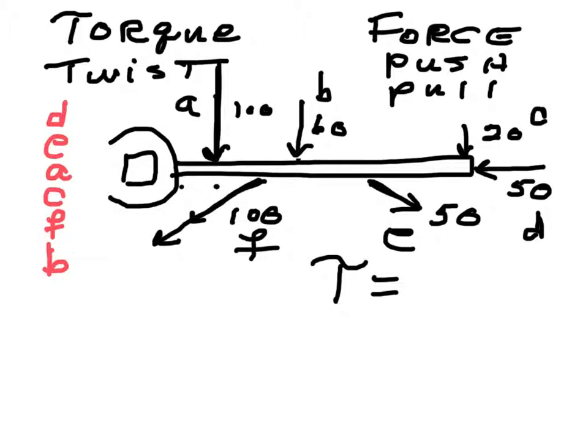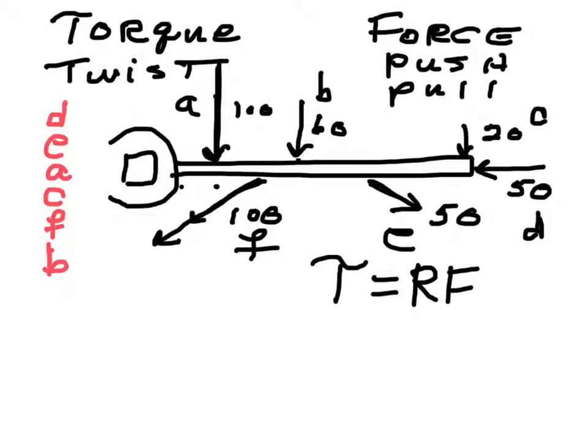If we go to the equation for torque, we see that we have to take into account the distance from where the force is applied to the axis of rotation, the magnitude of the force that's applied, and the angle. What's important about the angle? We want it to be perpendicular.